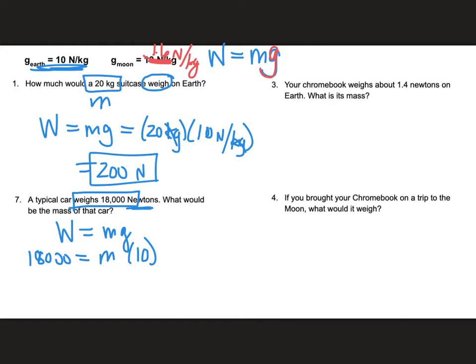Let me do it the way I see a lot of students do it. So we'll think about the two sides of the equation. We'll divide by 10, divide by 10, and then this side becomes 1,800 kilograms because it's a mass.